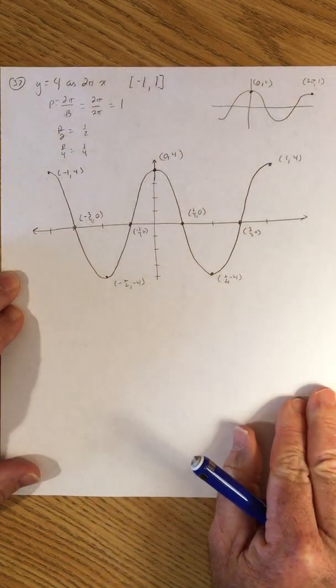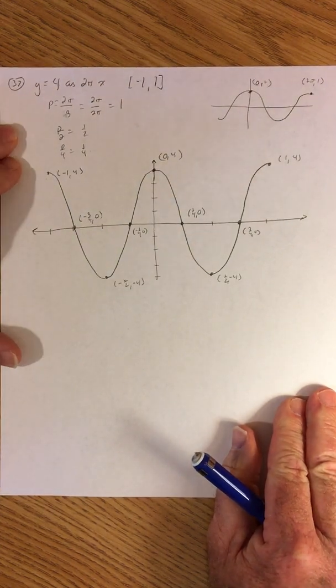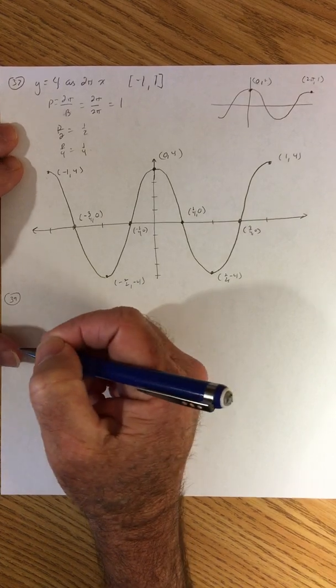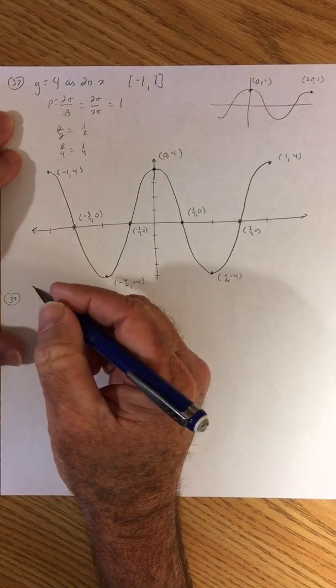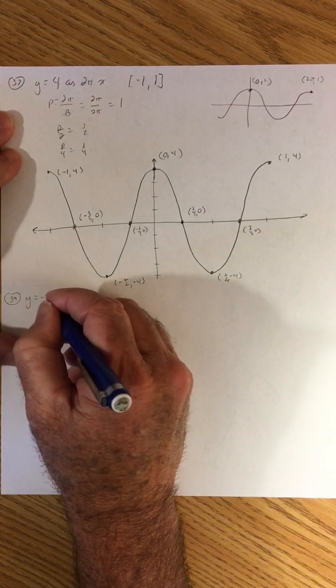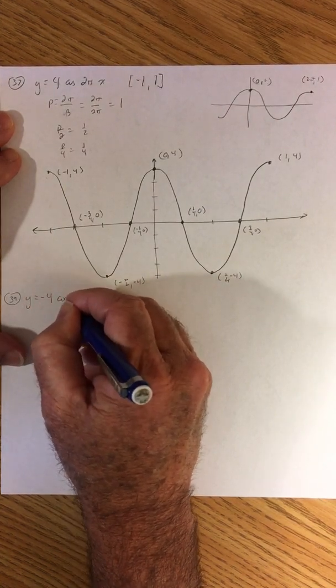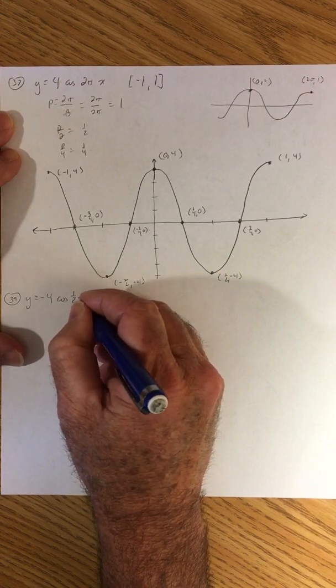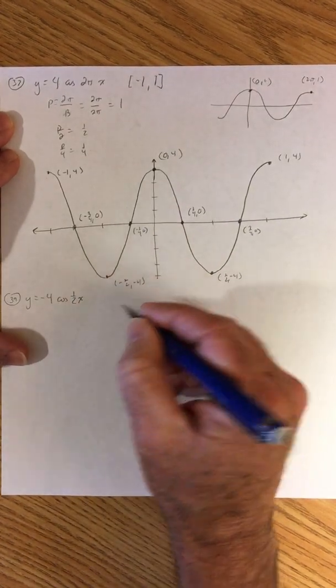Okay, last problem is 39. Problem number 39. Y is equal to negative 4 cosine 1/2 x. Okay, this will be a degree problem.